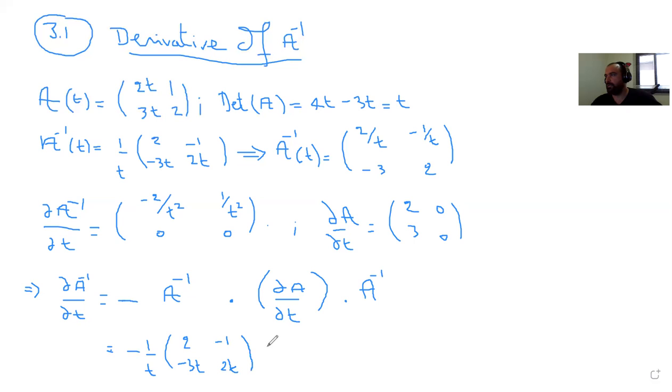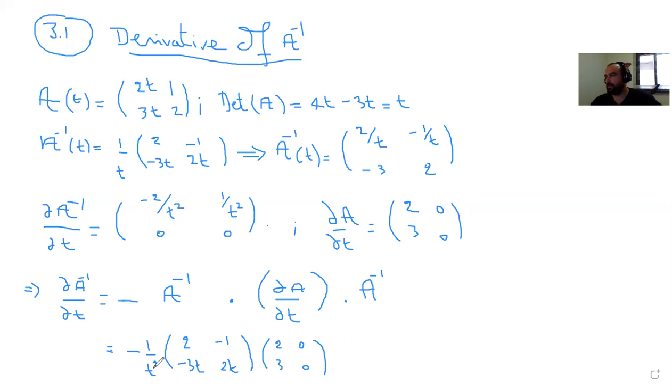Here I'm going to place dA over dt, which is 2, 3, 0, 0. And finally, I'm going to write again the A inverse, which is 1 over t.